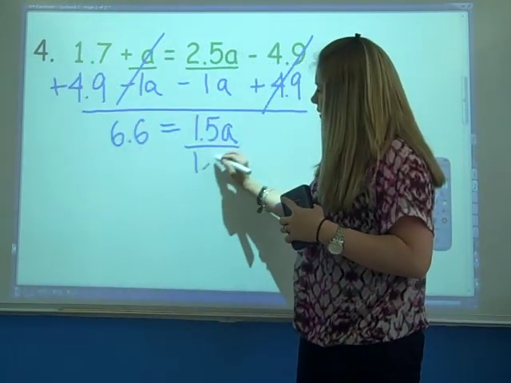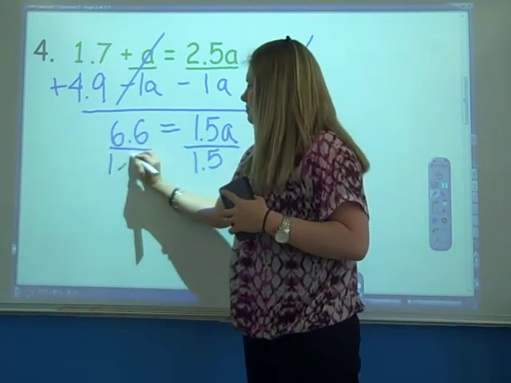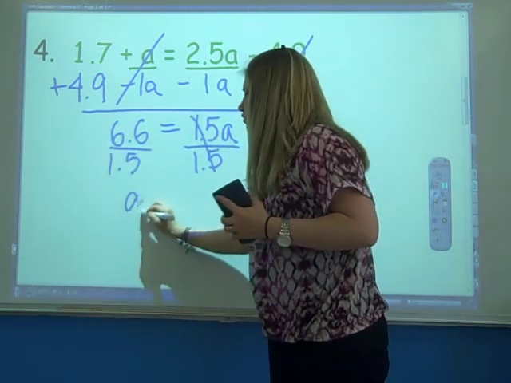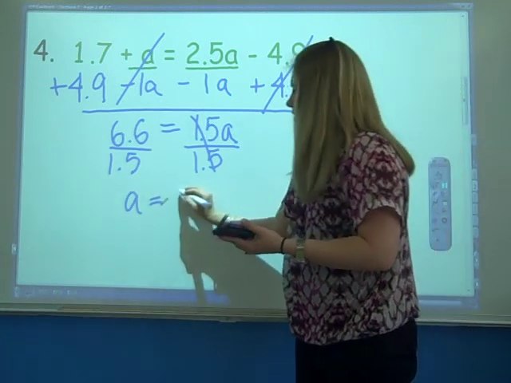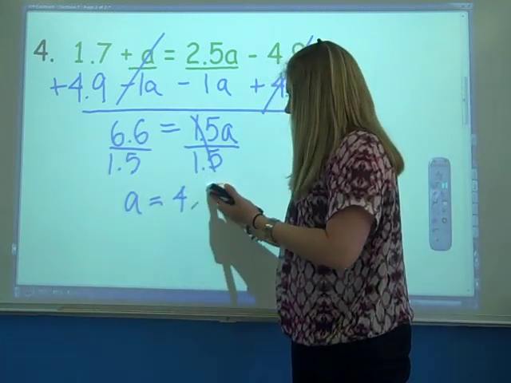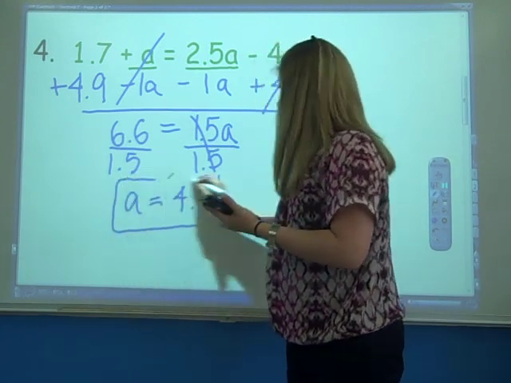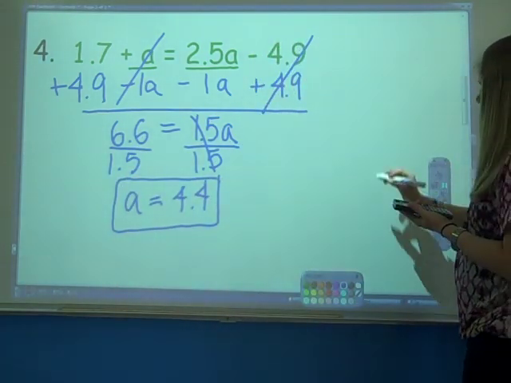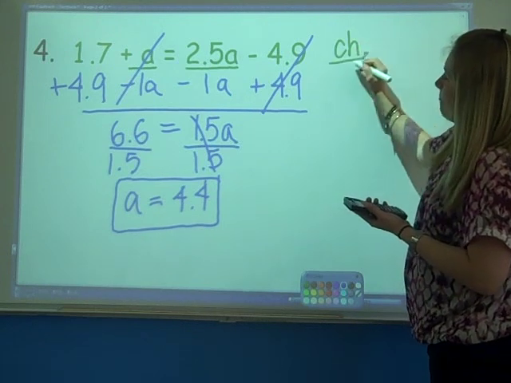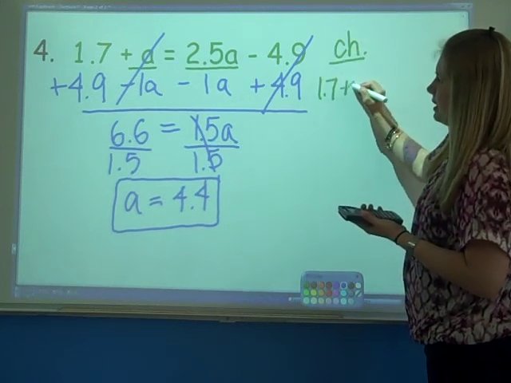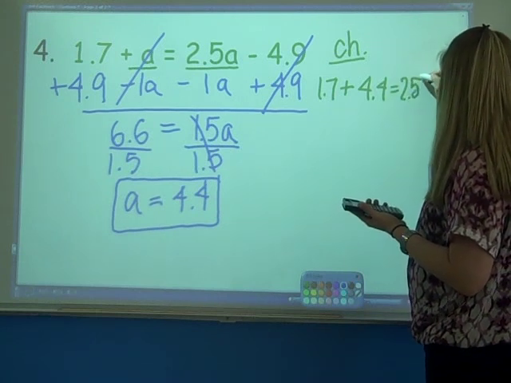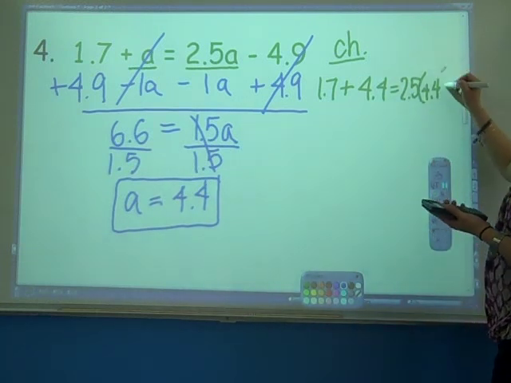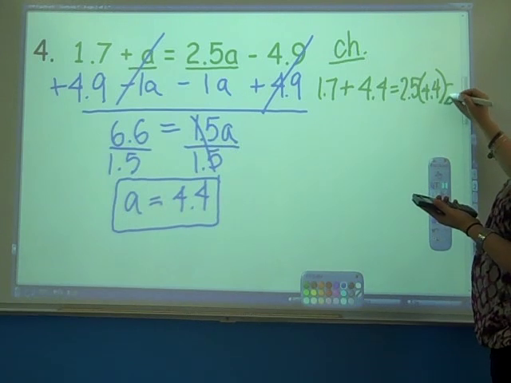To solve, divide both sides by 1.5. Bring my a over to the left side. 6.6 divided by 1.5 is 4.4. Let's do a check. 1.7 plus a, 4.4, equals 2.5 times 4.4 minus 4.9.